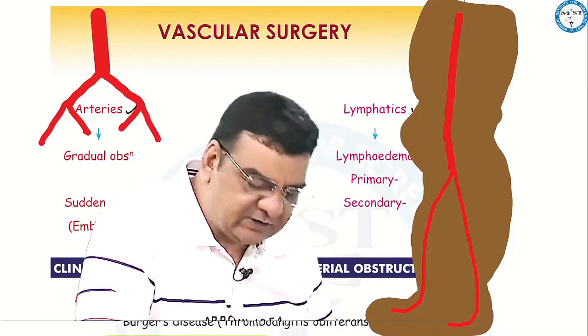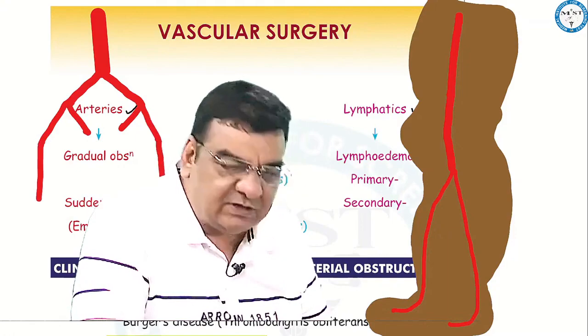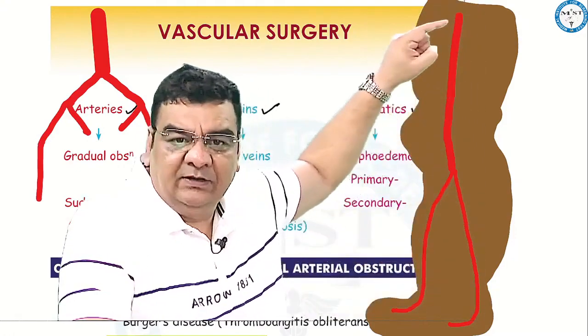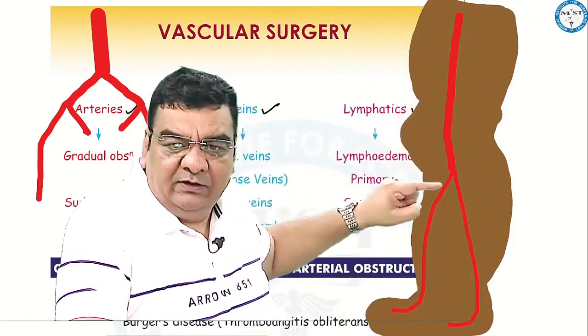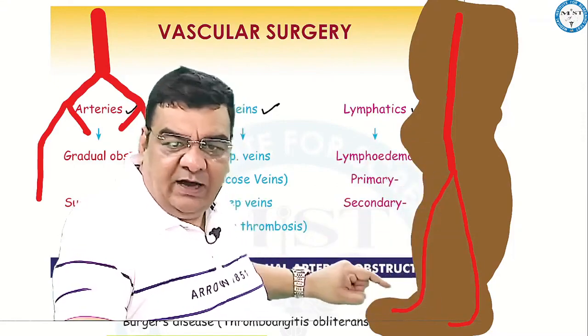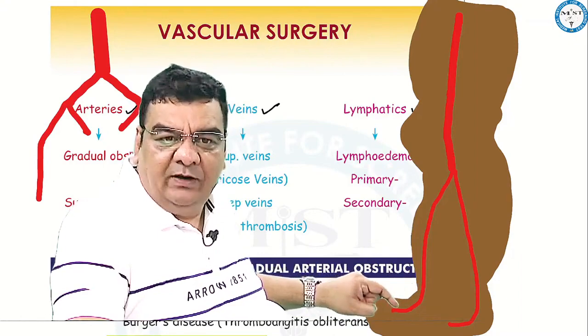This external iliac artery becomes the femoral artery. So here what we are seeing is the femoral artery. This becomes the popliteal. This divides into the anterior tibial and the posterior tibial, and this anterior tibial continues in the foot as the dorsalis pedis artery, right?